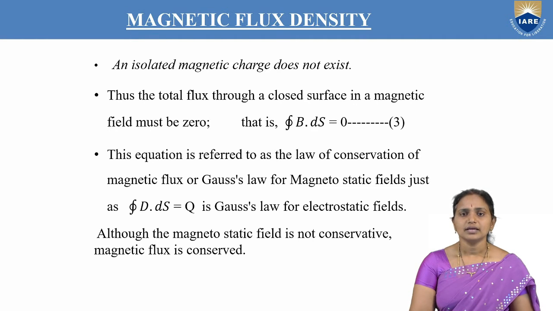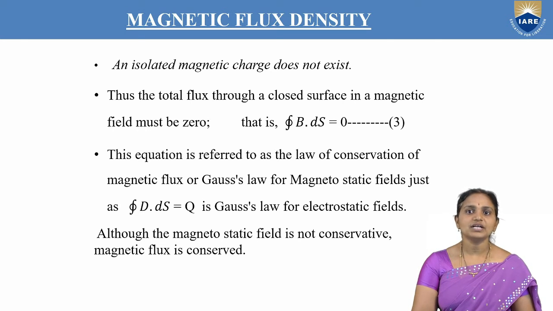So here, if you observe the relation closed integral B dot ds equal to 0, the magnetostatic field is not conservative, but magnetic flux is conservative. What it means is, for the magnetostatic field, closed integral H dot dl is not 0. Closed integral H dot dl is always equal to J. So from that we can say the magnetostatic field is not conservative.